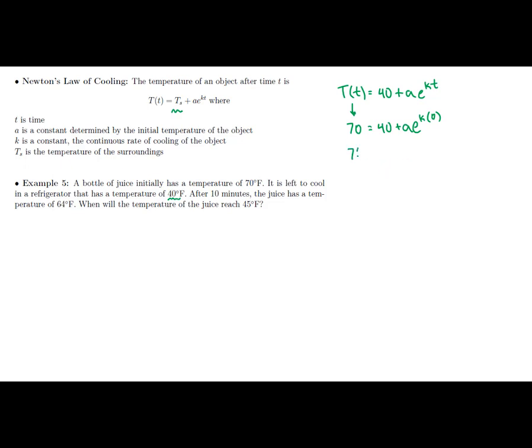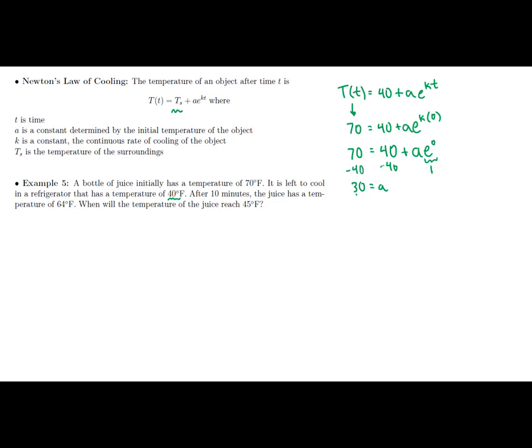So this will be 70 is equal to 40 plus A times e to the 0, which of course is just 1. So if we subtract 40 from both sides, 30 is equal to A. So that's good. We've made some progress there.